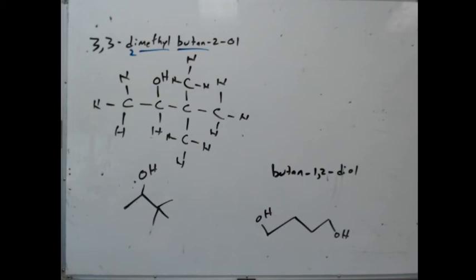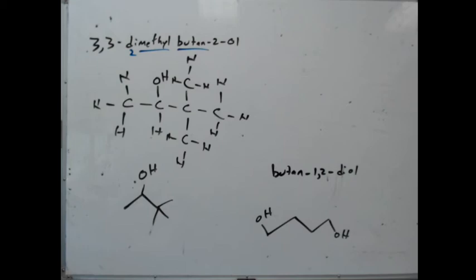Aldehyde, ketone, carboxylic acid, ester, ether, alcohol, alkane, alkene, alkyne. Carbon single bonds, carbon double bonds, carbon triple bonds. I mostly care about the 7 that have the oxygen-containing functional groups.